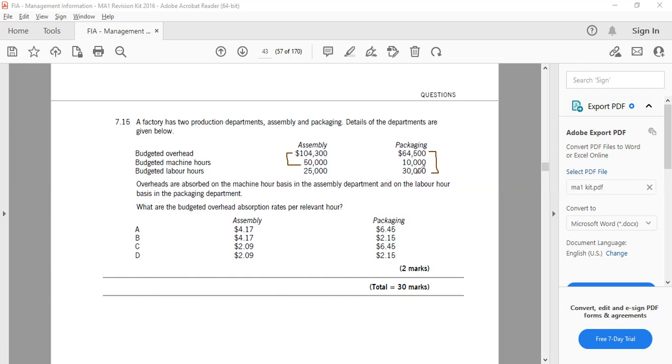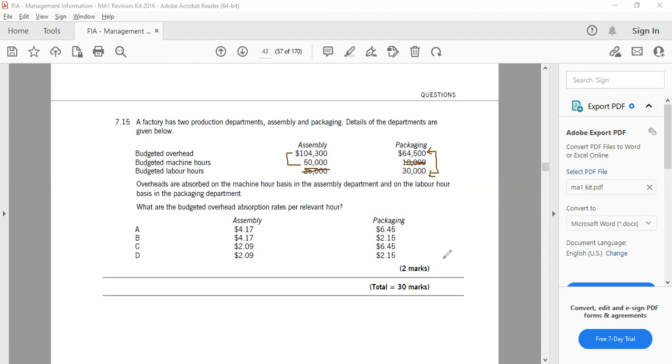Why are we taking all the three figures? I'm not taking all three figures, I'm just doing it this way. Oh, okay, you divide. 10,000 is not needed, forget this. Ignore.